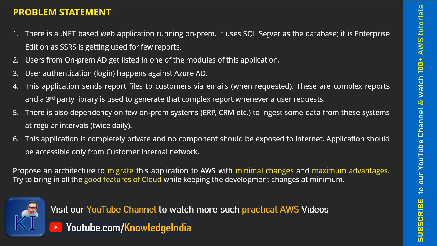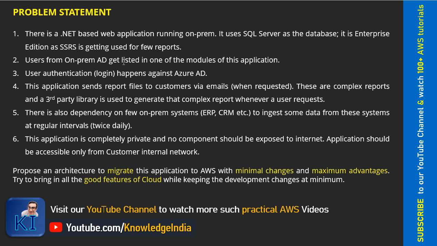Next, in this application, somewhere in a module, the on-prem AD users get listed for some purpose. You don't need to get into that much detail, but the point is all the users in the on-prem Active Directory need to be listed in one of the modules. So that is also a requirement.